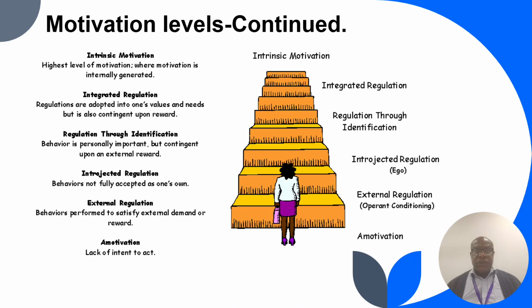Pictorially, you can look at it this way. So we have amotivation, where we move from this level going up to intrinsic motivation. So this is another study, that you can go from amotivation to external regulation, introjected regulation. All this can also stifle or make things better or worse.